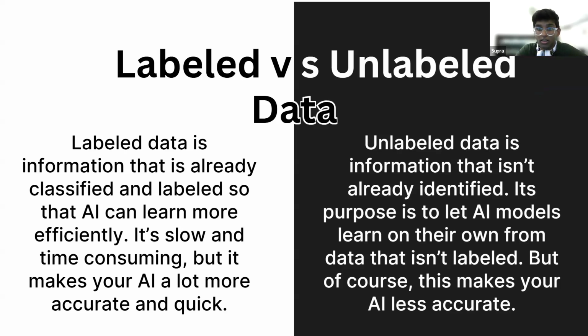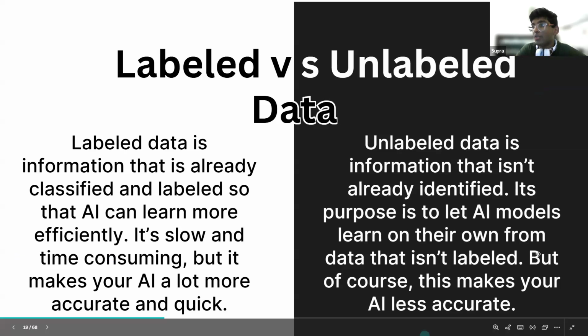So the thing with unlabeled data is it's a lot quicker and cheaper because nobody has to go through all the data and label it manually or spend money to pay someone to do it. So it's quicker and cheaper, but the downside is it makes your AI less accurate.